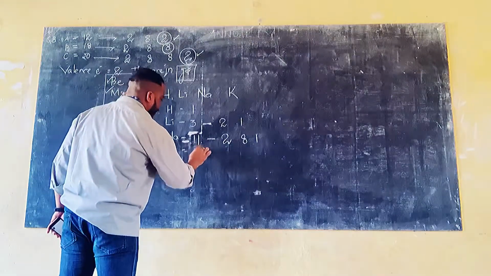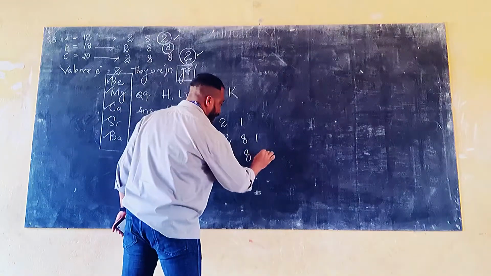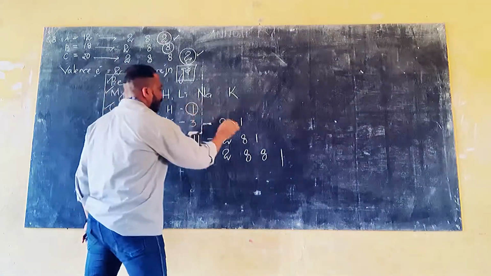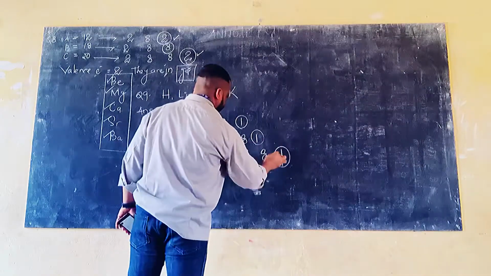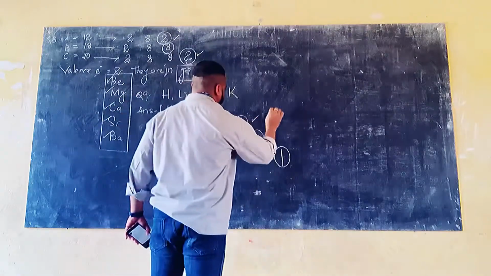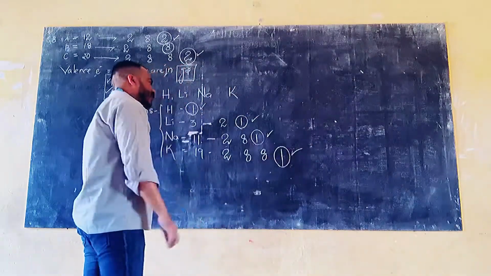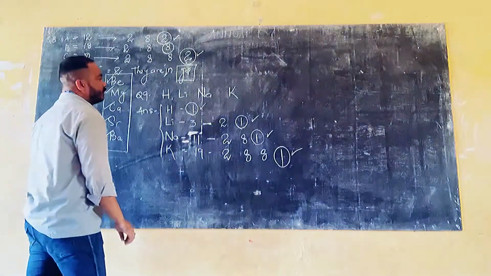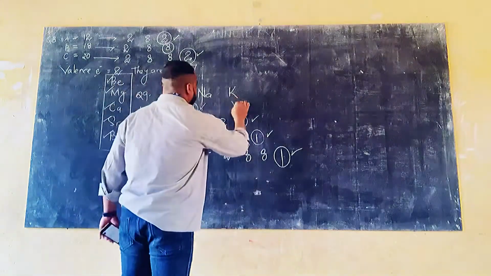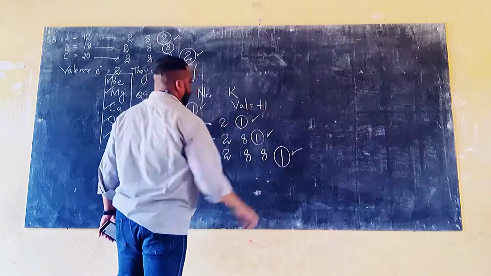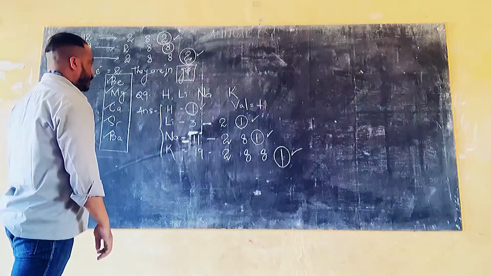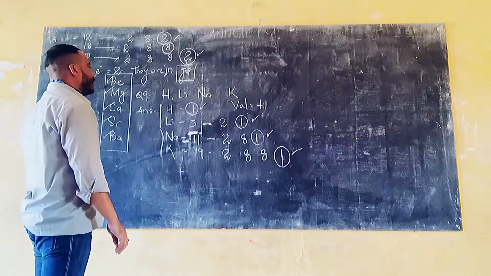Potassium 19, 2, 8, 8, 1. So it is clearly visible that these elements have only one valence electron. So they can donate only one electron and their valency is +1. So these four all have valency +1, so they are placed in group 1. Done.